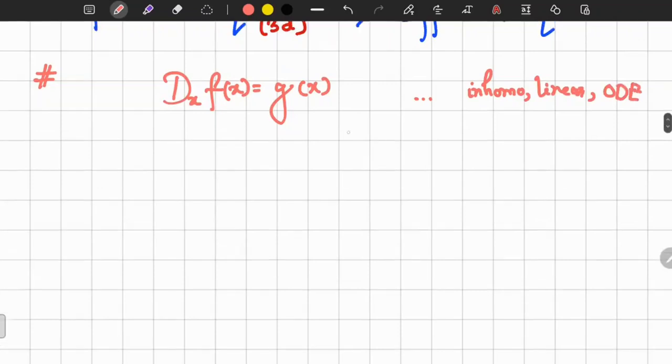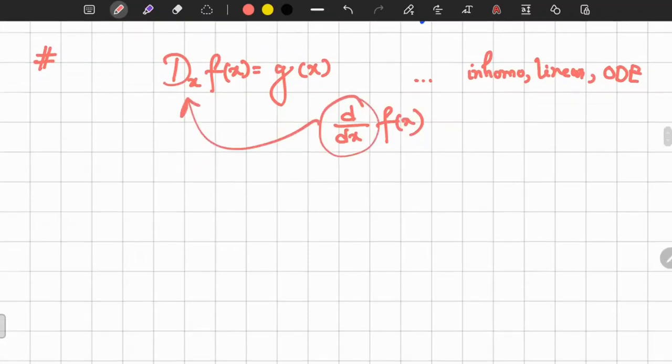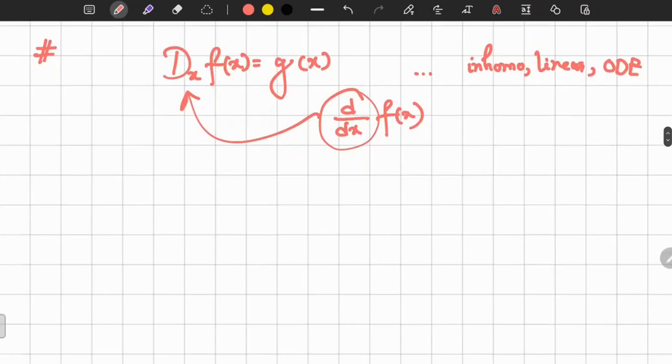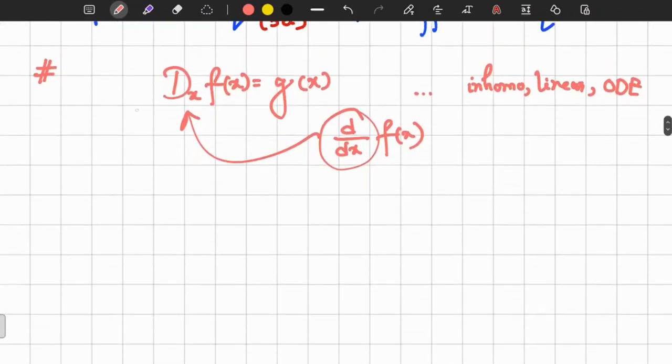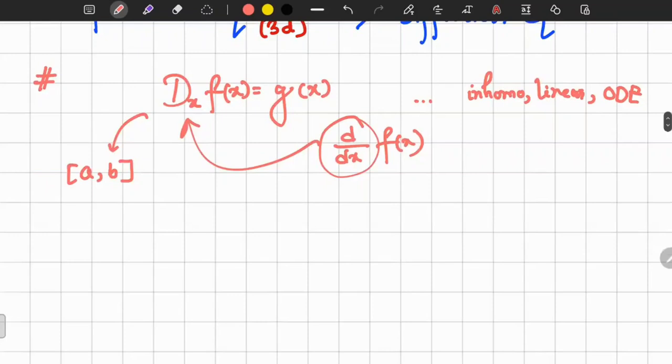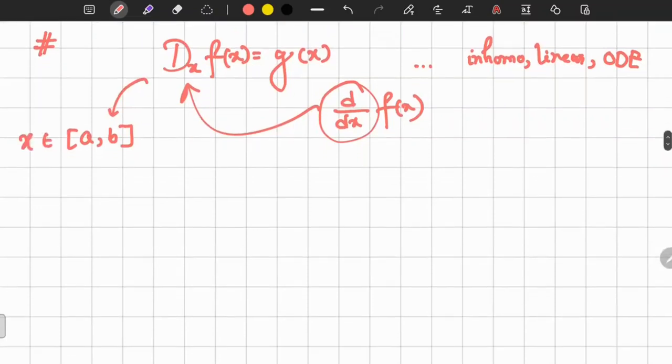In general we can write it as D_x f(x) equals g(x). This is an ordinary differential equation, and let's say it is valid on the interval between a and b, where x belongs to [a, b]. Now we have to solve this equation.